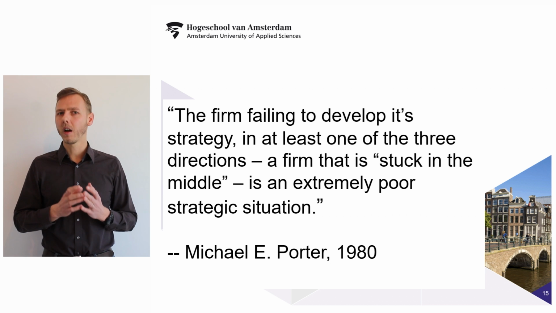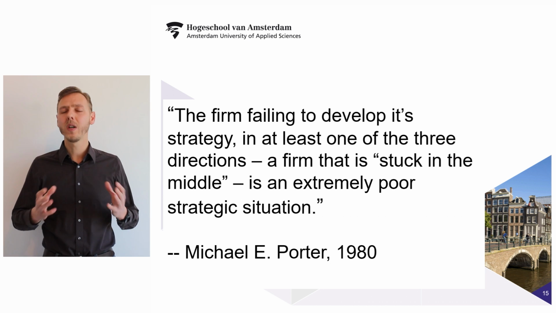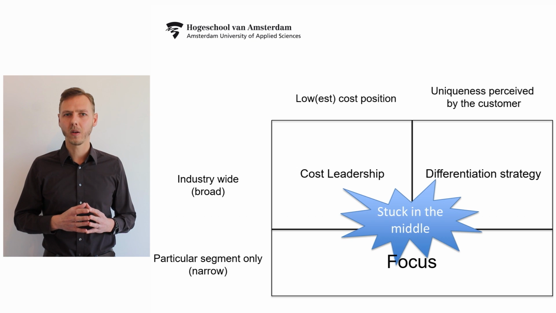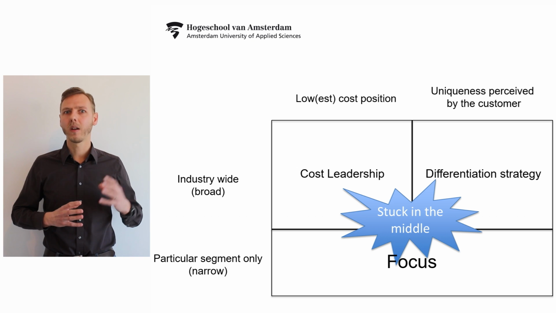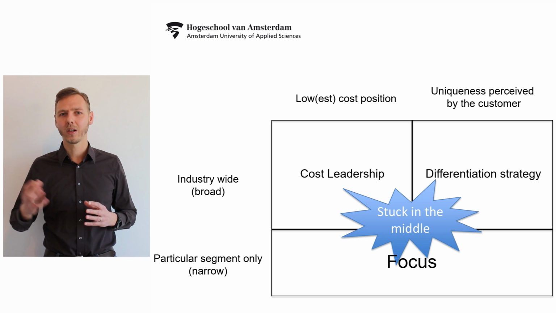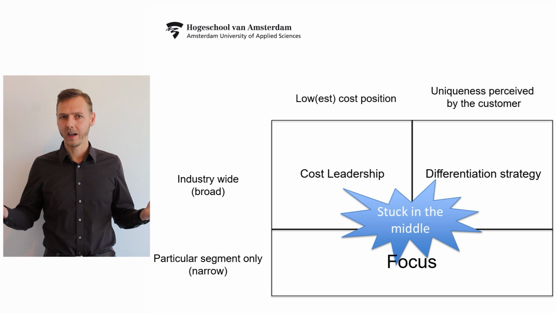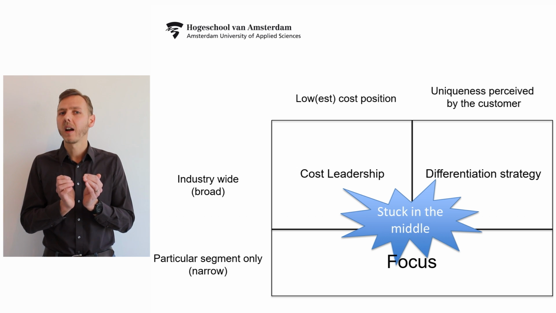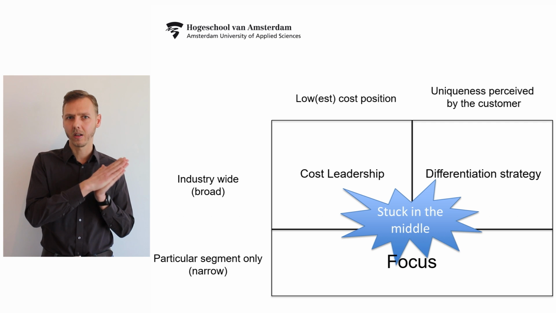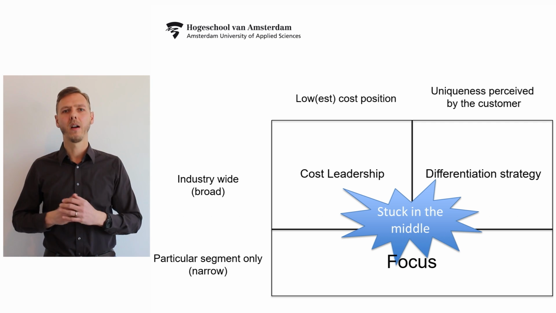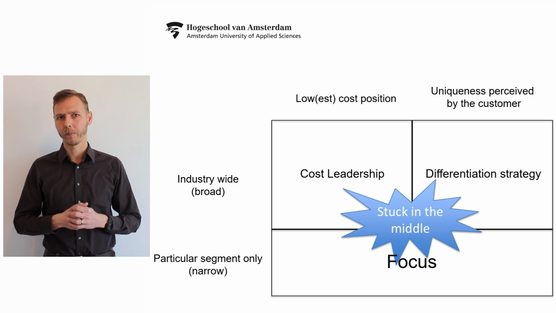There are certain companies which do really well by being stuck in the middle. For instance, a consumer electronics chain can pretend that they have the lowest price and the highest service and everything in their assortment, and they look as if they are stuck in the middle because they are not choosing the cost leadership way or the differentiation way.